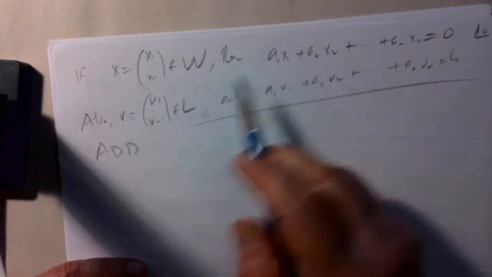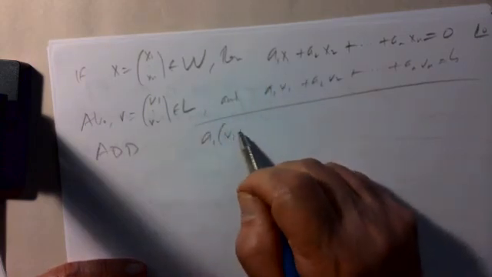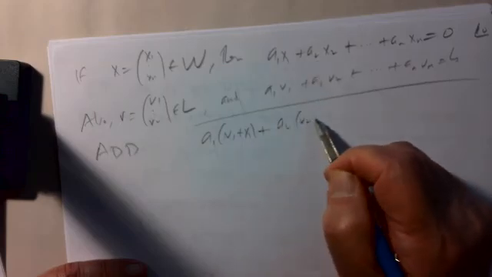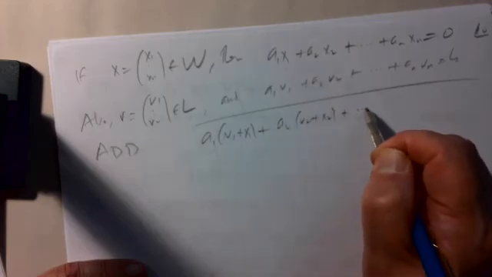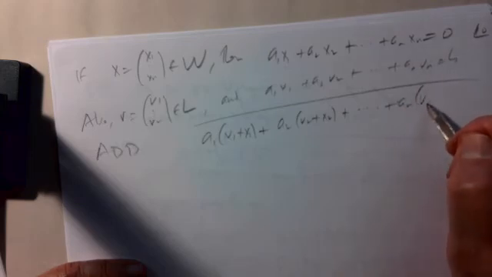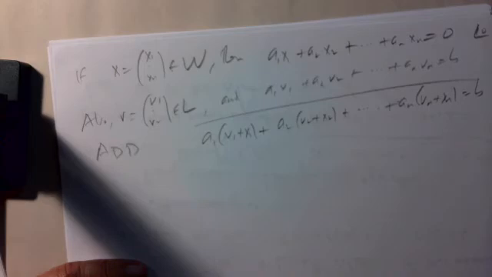And now we add the equations. We get a1 times (v1 plus x1) plus a2 times (v2 plus x2) up to an times (vn plus xn) equals b plus 0.